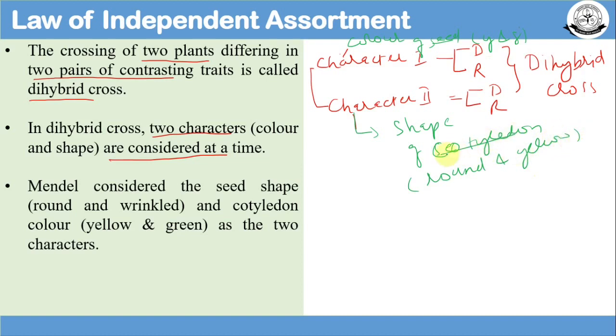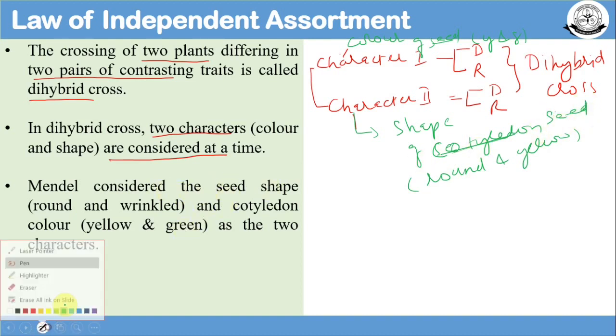Let's take it as shape of the seed, because in the book it is given as seed. So the shape of the seed is round and wrinkled, and cotyledon color is yellow and green.